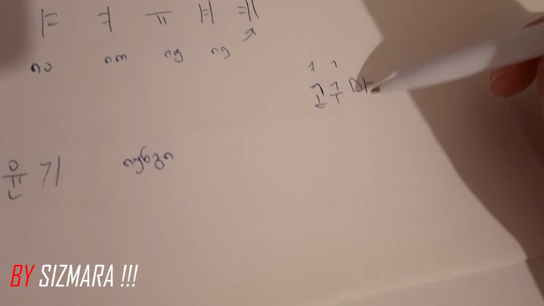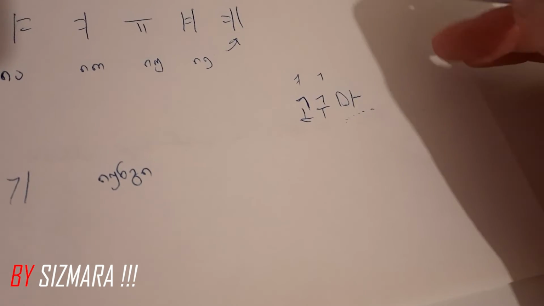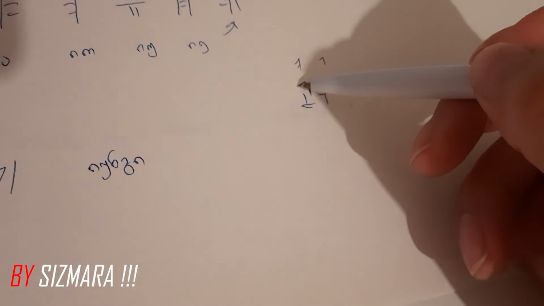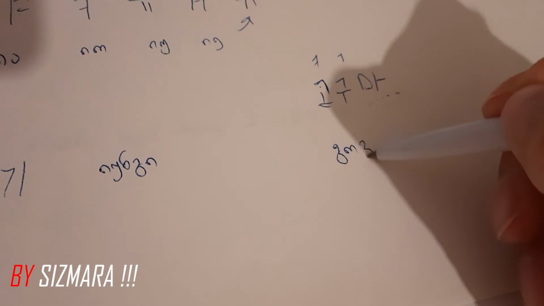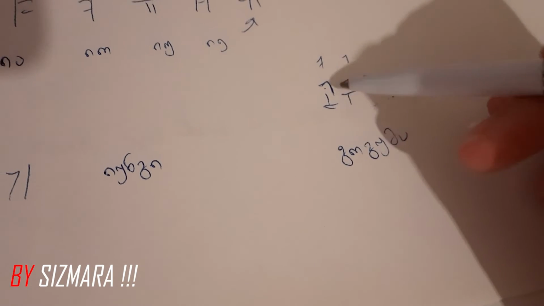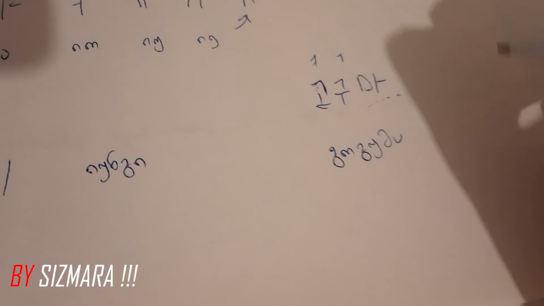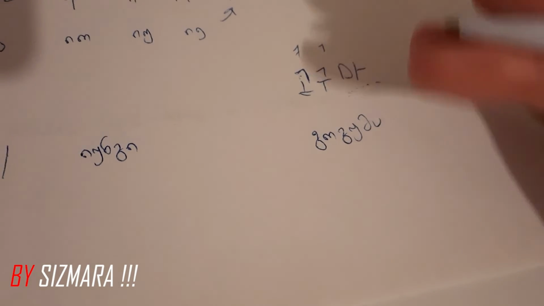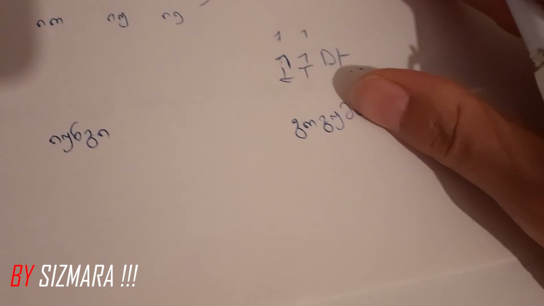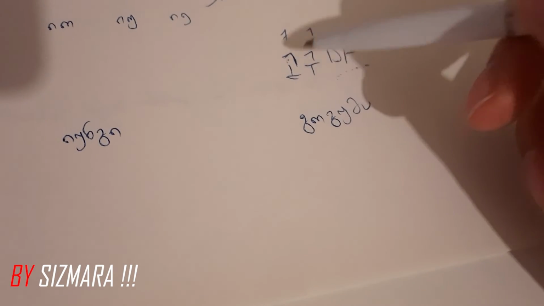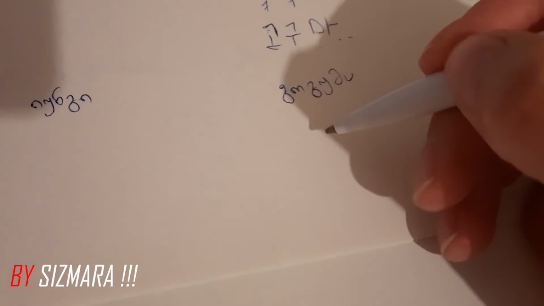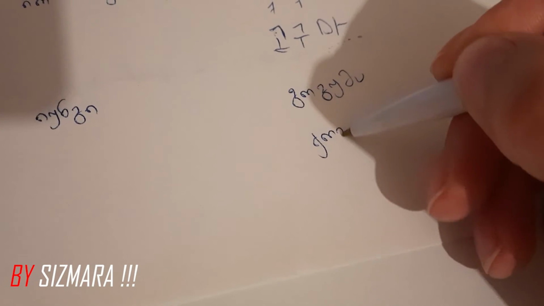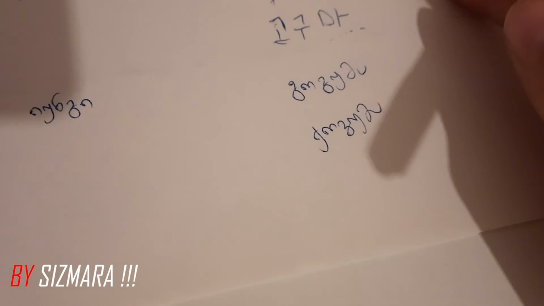So if you want to write this word in Georgian, you should not write g, o, g, u, m, a, like go, guma, just because this is g letter. You should write exactly as you wish Georgian people to pronounce, okay? So if I want Georgian person to pronounce it like koguma, I should write down k, koguma, okay?